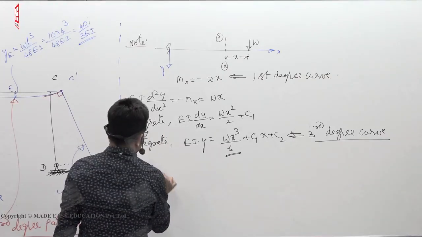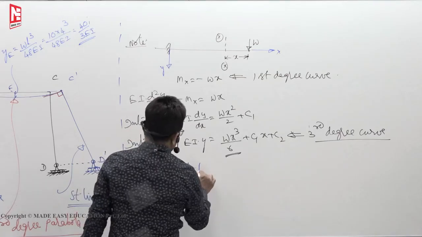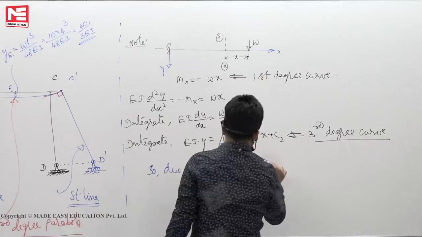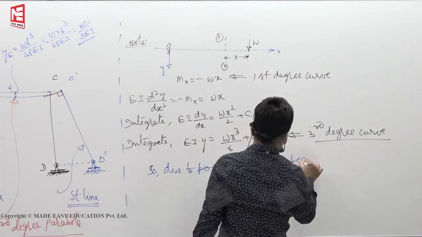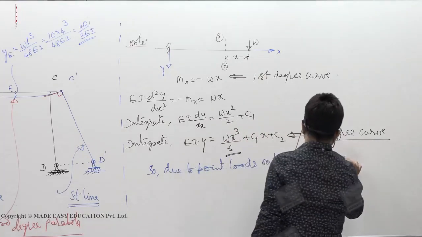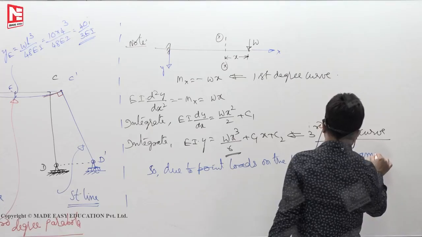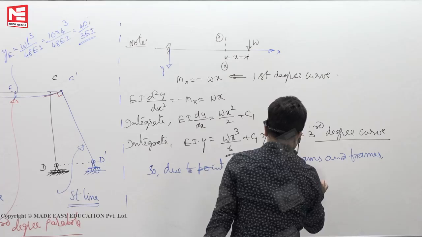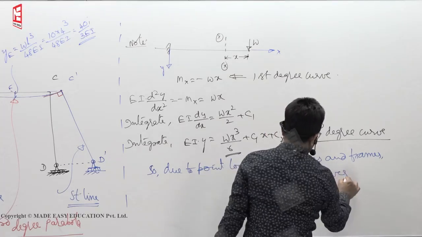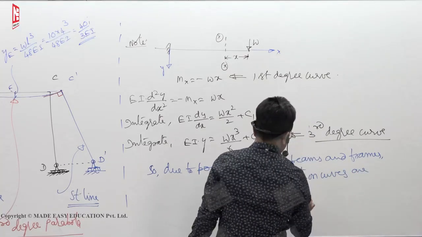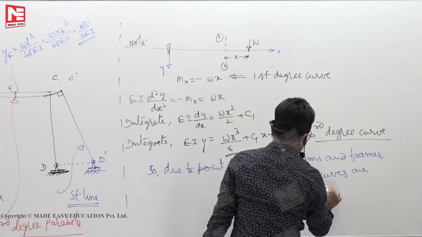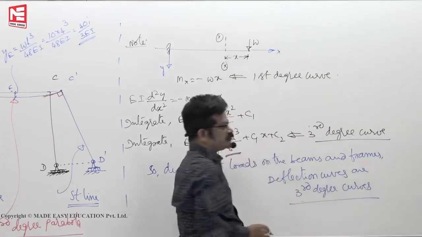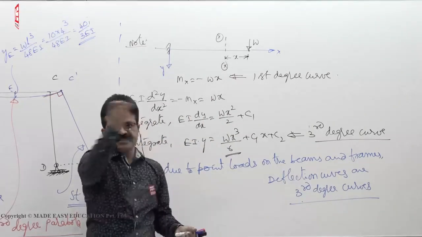So due to point load on the beams and frames, deflection curves are third degree curves, with the exclusion of arches.